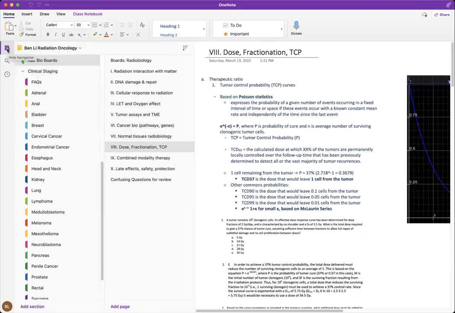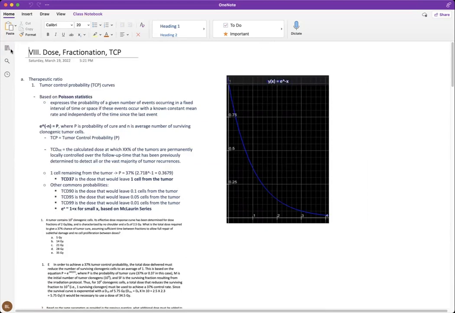Next, dose fractionation and tumor control probability curves. I mentioned this last session about Poisson statistics. So here we have a formula, e to the negative n equals p, where p is the probability of curing the patient, meaning that there's going to be 0 surviving cells, and n is the average number of surviving cells.